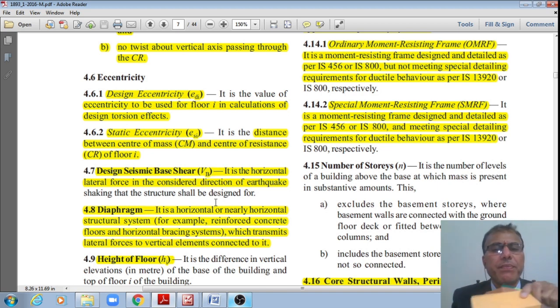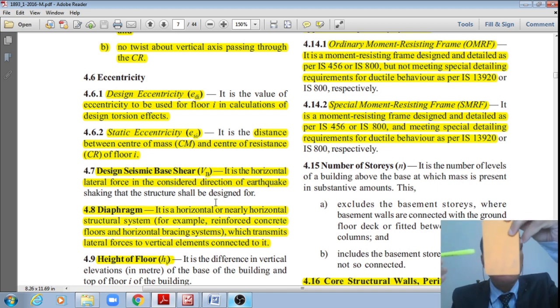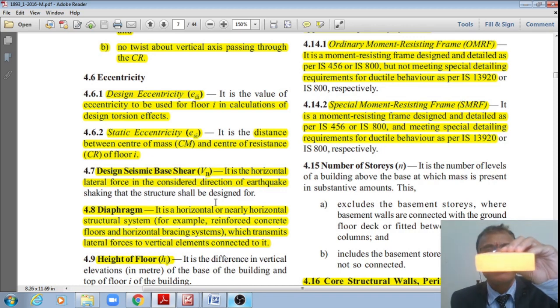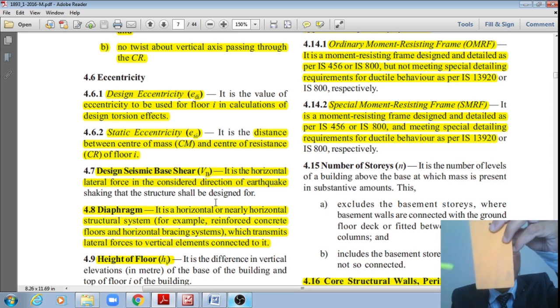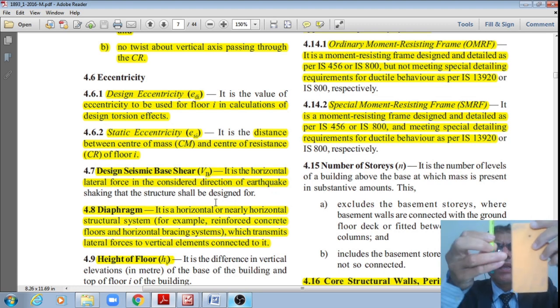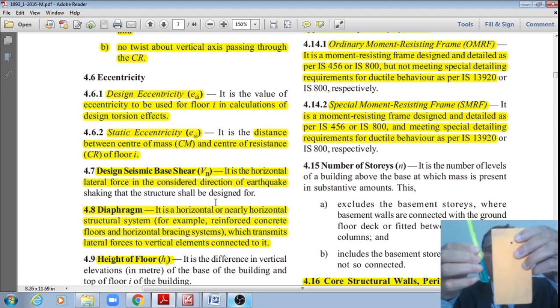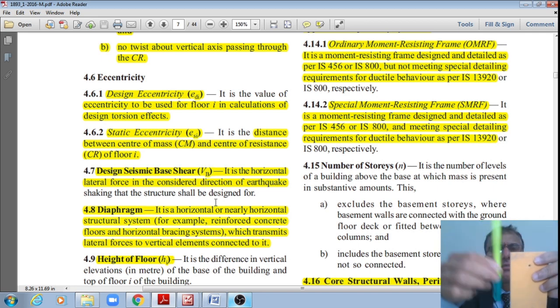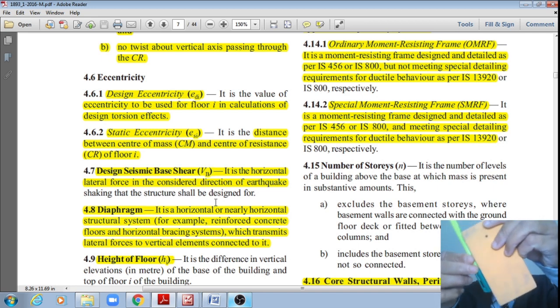Next one is diaphragm. It is a horizontal or nearly horizontal structural system, for example a reinforced concrete floor slab, or a horizontal bracing system, which transmits the lateral forces to the vertical elements, maybe the columns, connected to it.